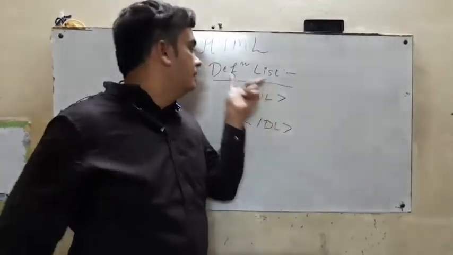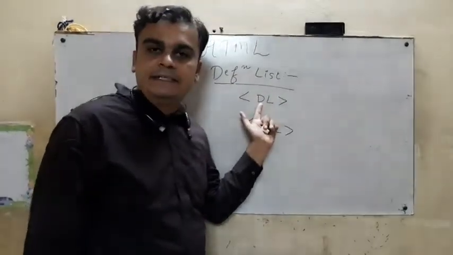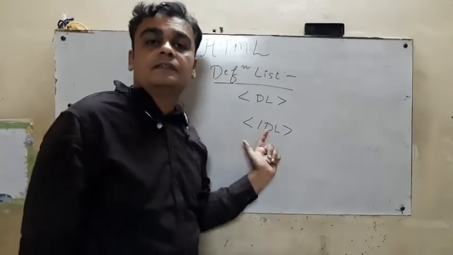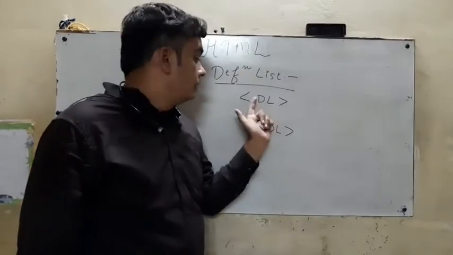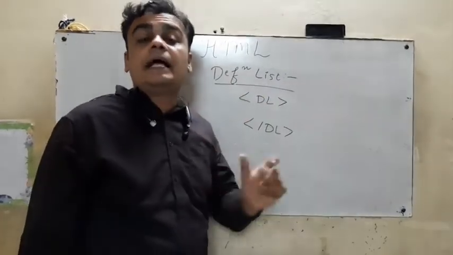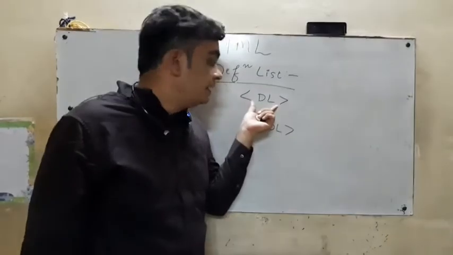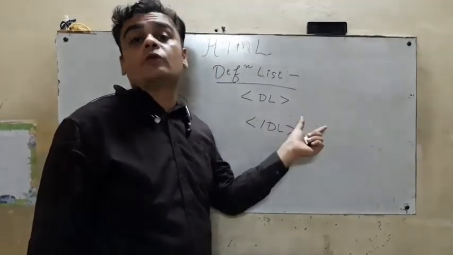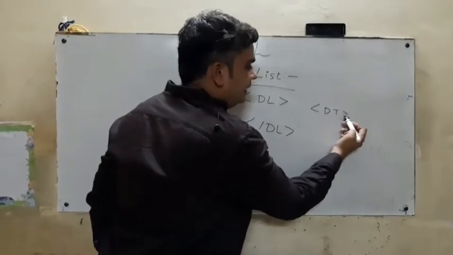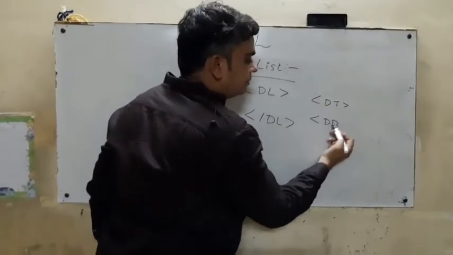So I repeat again. Definition list is represented by tag DL. Its pair tag is /DL. To represent definitions, term and actual definition, the DL tag uses 2 more supporting tags, and the names of these tags are DT and DD.